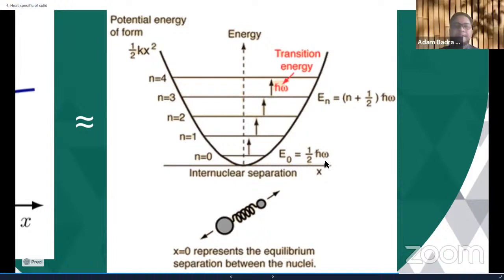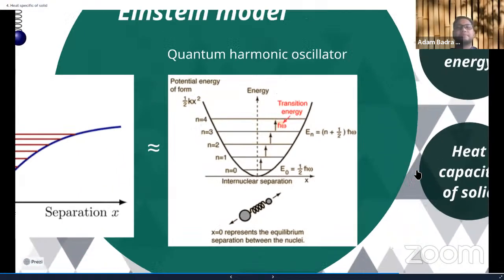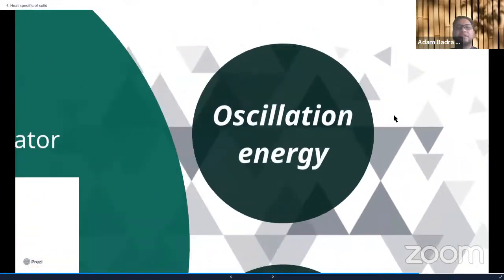This is the main assumption of Einstein. Einstein used this assumption to explain the heat capacity of solids. So now the energy level is quantized, and now we can find the oscillation energy.